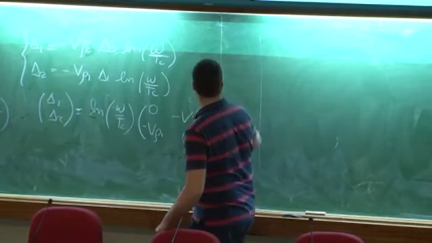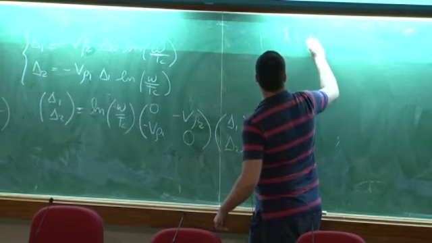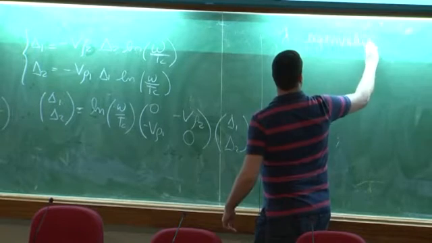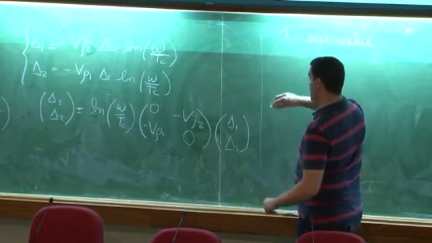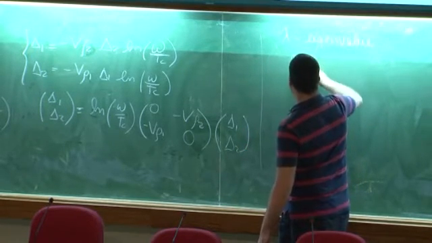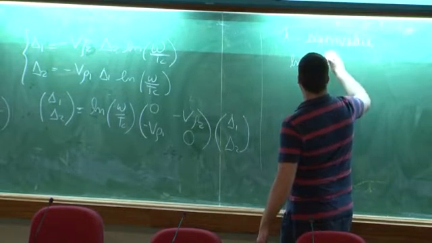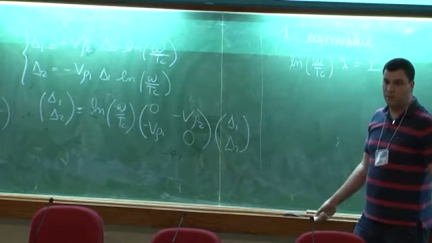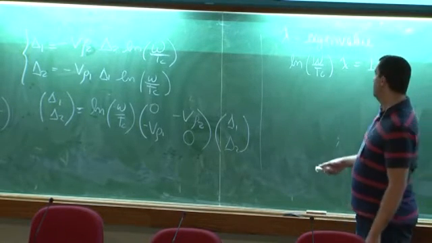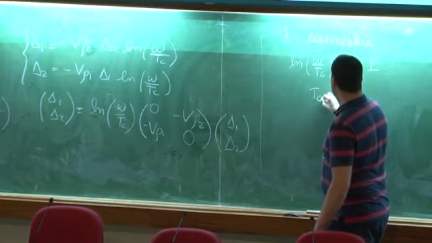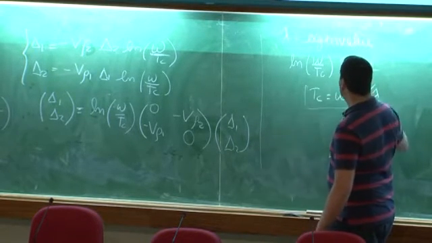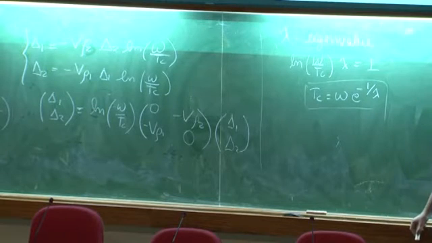So let me call lambda the eigenvalue. Then log times lambda must equal 1. Then I solve this equation. Do you agree with me? And then I find that TC is W e to the minus 1 over lambda. Just solve this equation here.